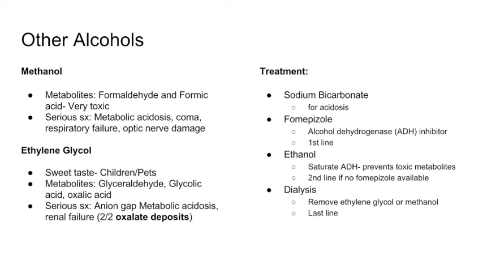So the answer is you get anion gap metabolic acidosis because it is an acid. So the acid kind of goes in, how I think about it is goes in, buffers the bicarbonate that's in the blood. So you get an anion gap. Your anions are missing because you're using that bicarbonate. So you get anion gap metabolic acidosis.